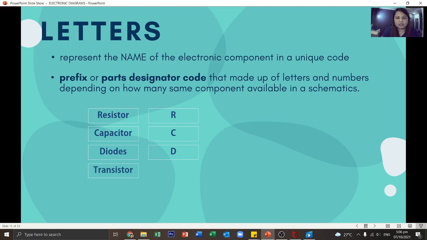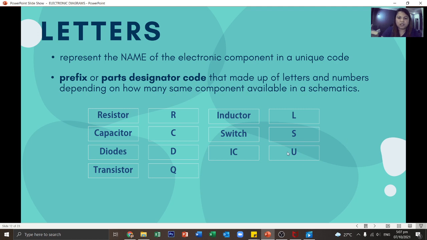For a transistor, no, it's not letter T, it's letter Q. Okay. For an inductor, it's L, not letter I. And switch, S or sometimes SW. For IC, sometimes they use IC or letter U. So don't get confused.